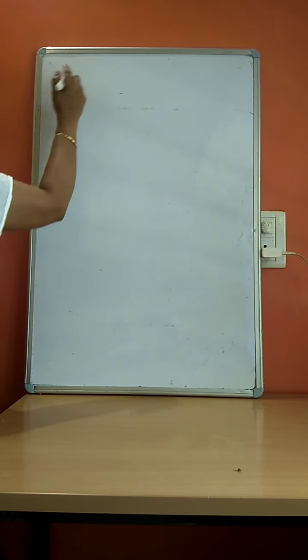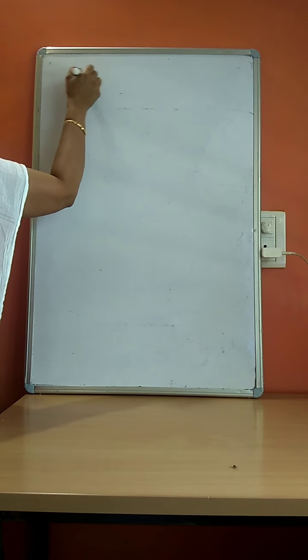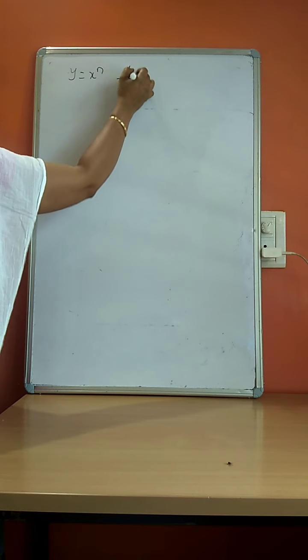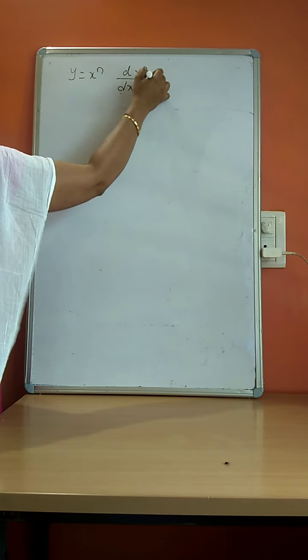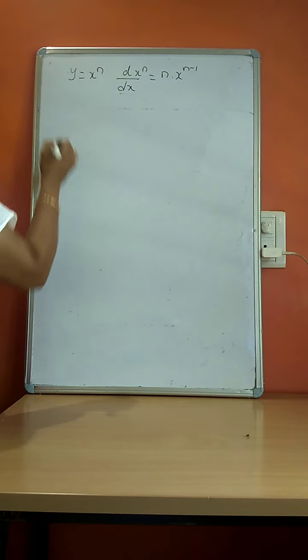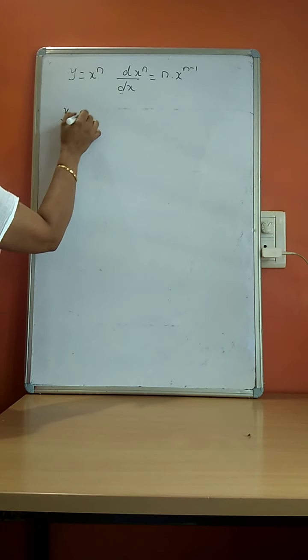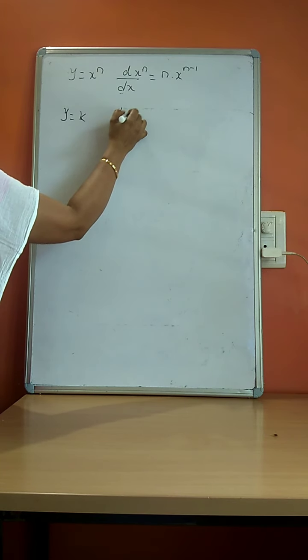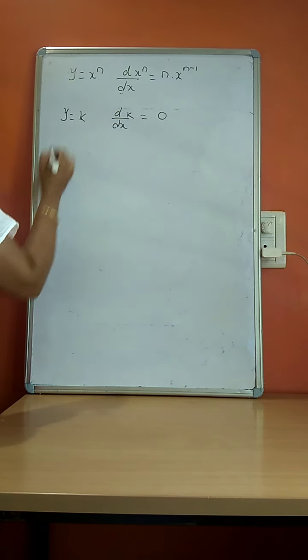In this derivative, you must and should remember these formulas. If y is equal to x to the power of n, d by dx of x to the power of n must be equal to what? n into x to the power of n minus 1. If y is equal to constant, then d by dx of constant is 0.